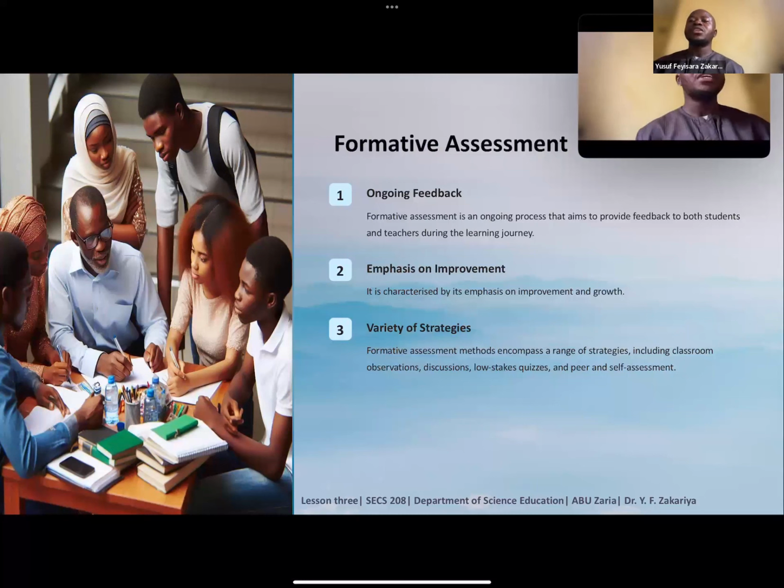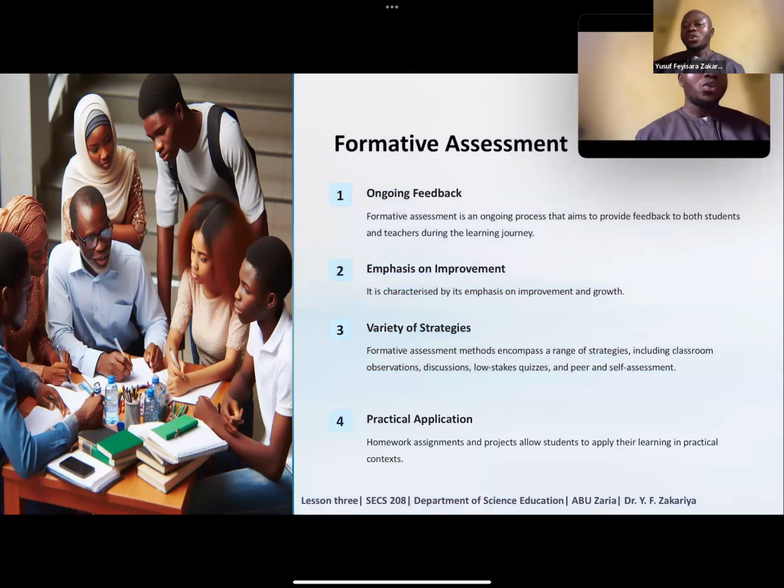So it is low stake, unlike high stake, like 60% or 40% exams. It also encourages practical application, like homework assignments and projects that allow students to apply their learning in a practical context.